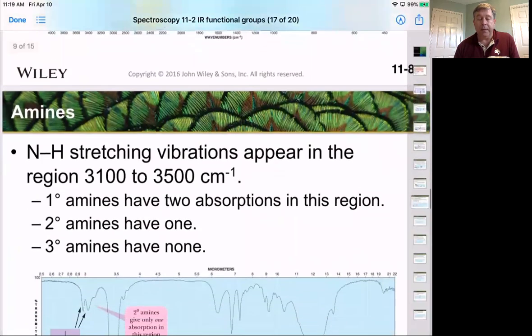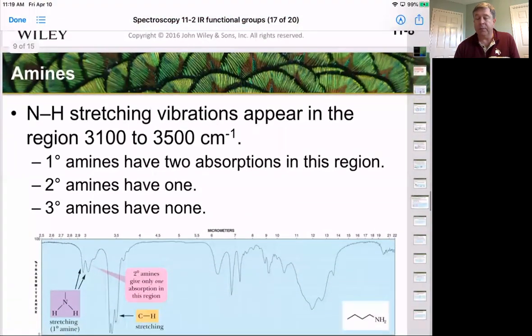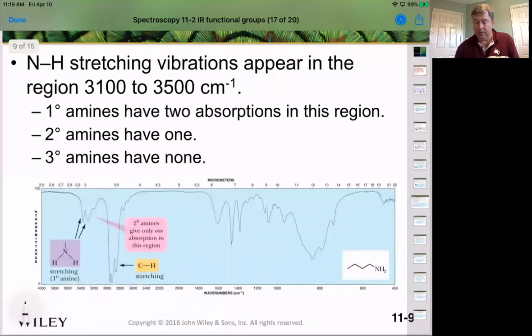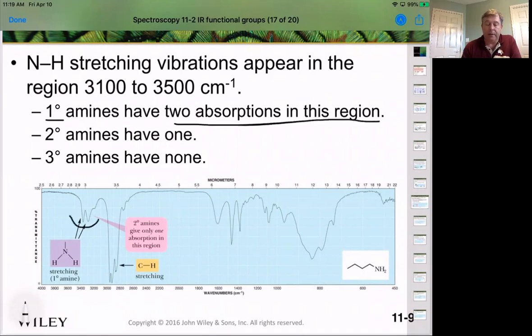Okay, so amines, we have a couple different things to play with here, the fact that our amines can be of a couple different kinds. If we have a primary amine, that means that we have two hydrogens that will show up in that nitrogen-hydrogen range in the high end. So we'll have two absorptions in that high band here.